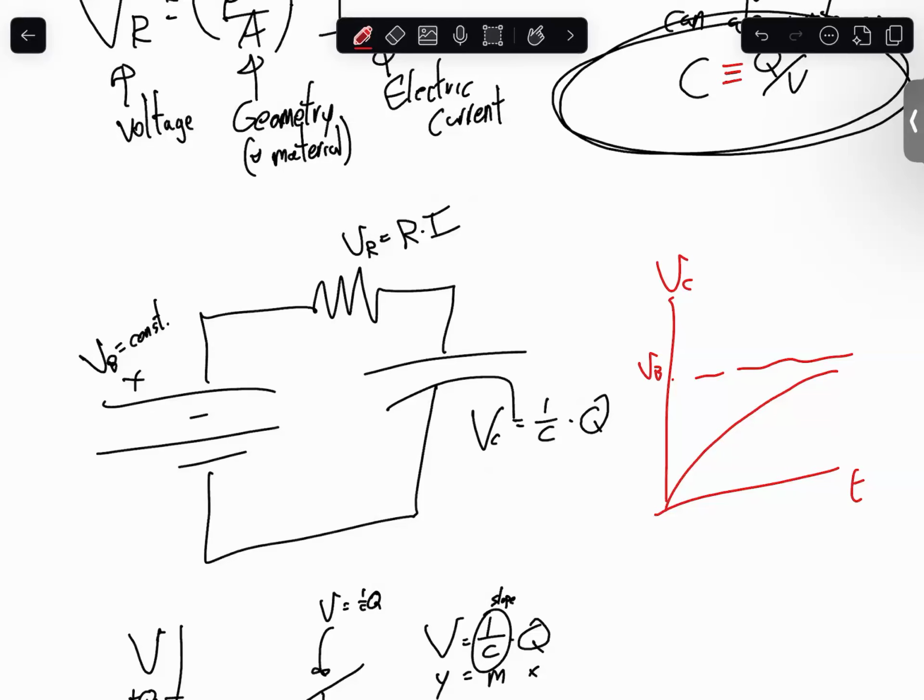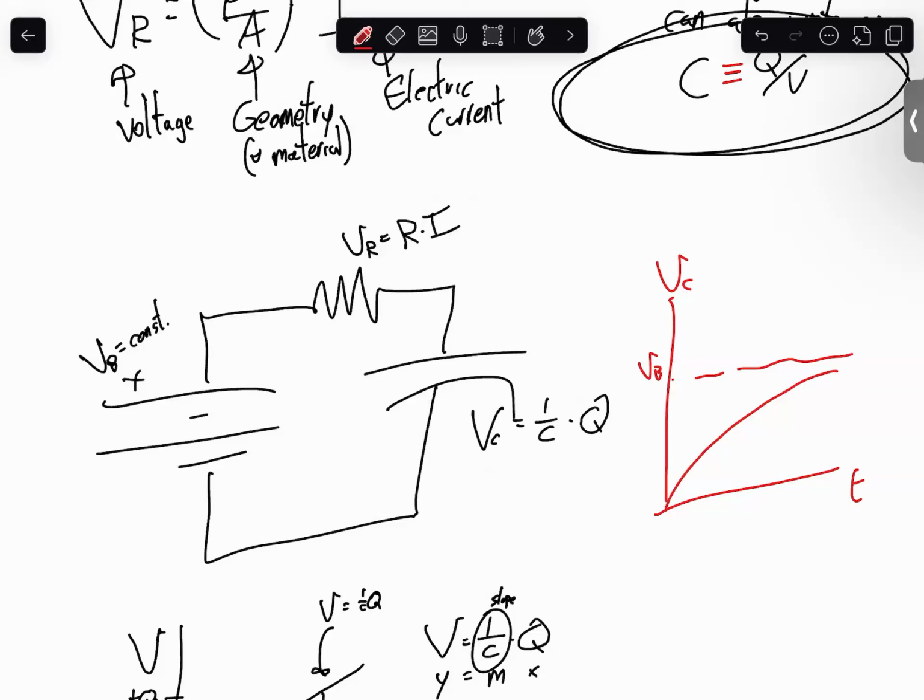Okay, so the correct answer is that voltage is directly proportional to charge on the capacitor. Look at the structure of this formula. y equals mx plus 0. y equals constant times x plus 0. What's the constant 1 over C represent on the graph?